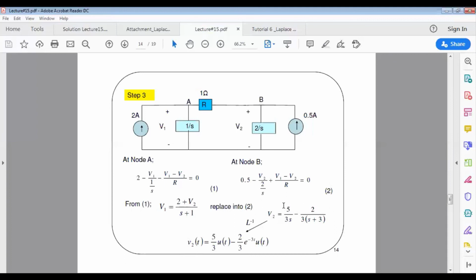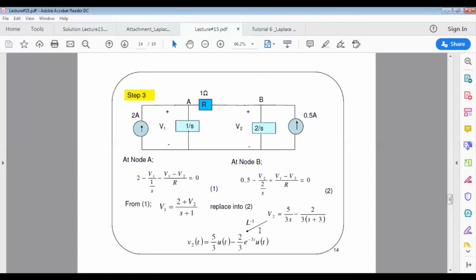This is readily provided to you in partial fraction form, but you have to work it out to get V2. You can try this on your own. We get 5 over 3S minus 2 over 3 times (S plus 3).